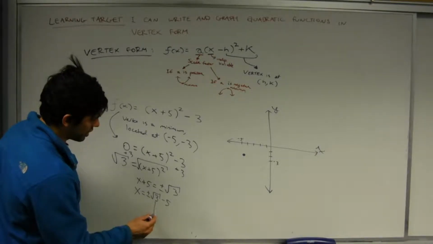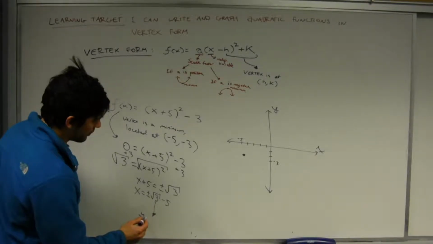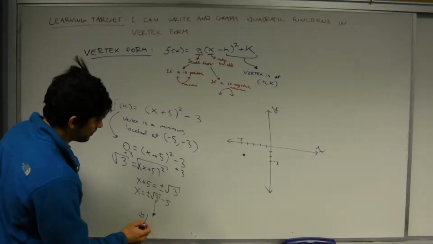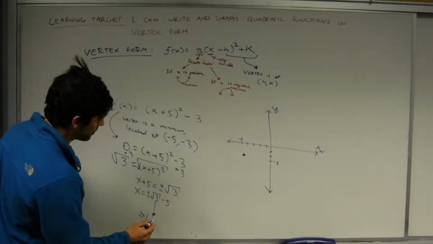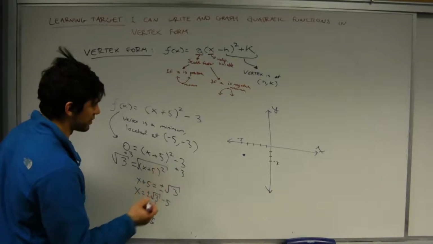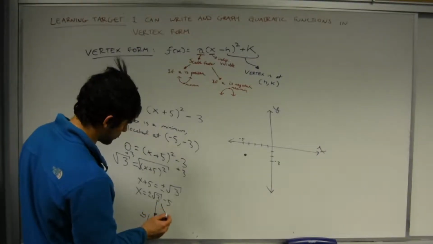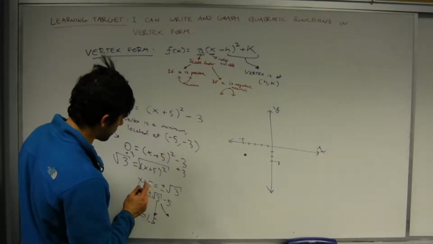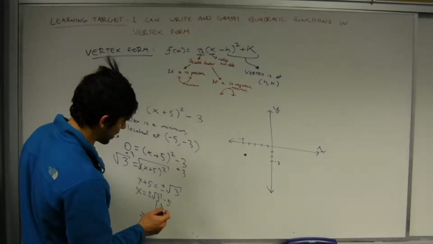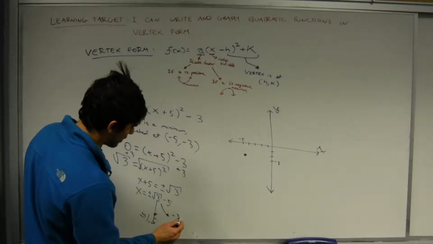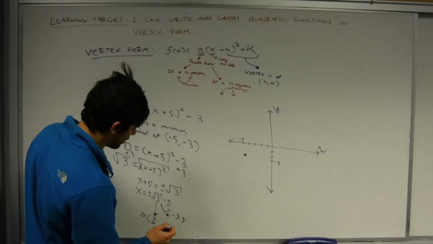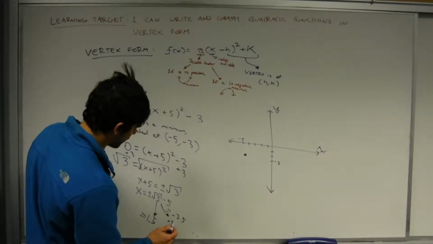Root 3 is somewhere around 1.5, around there. So our x-intercepts are going to be at around -3.5 and about -6.5.